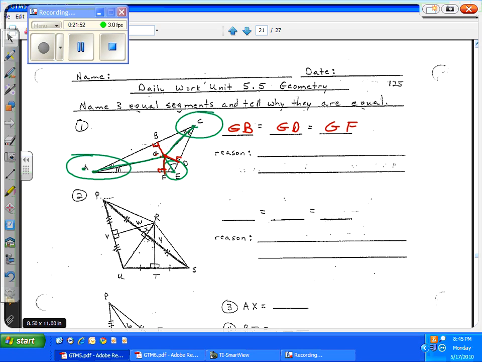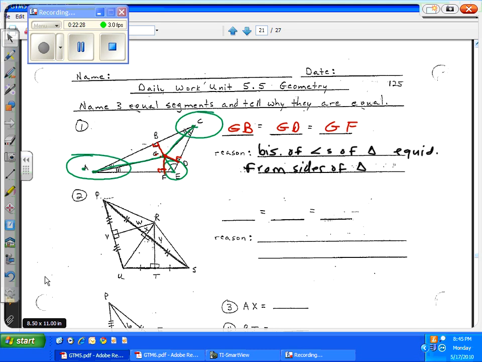And the reason is the bisectors of the angles of a triangle, we're going to abbreviate bisectors of angles of triangle are equidistant from the sides of the triangle. We kind of abbreviated a lot. The bisectors of the angles of a triangle are equidistant from the sides of the triangle.